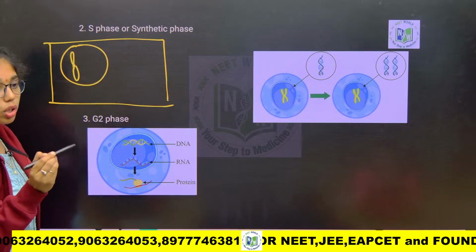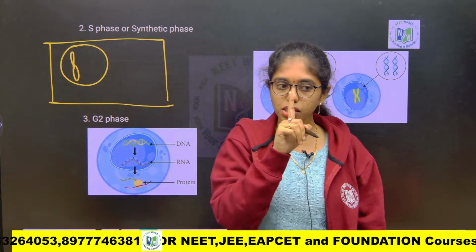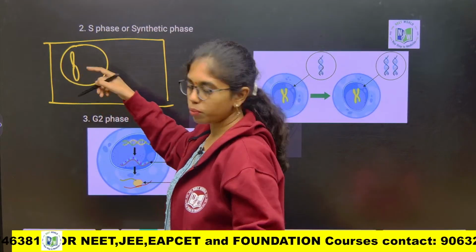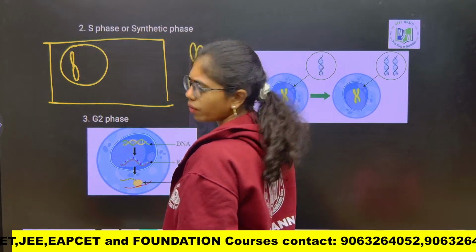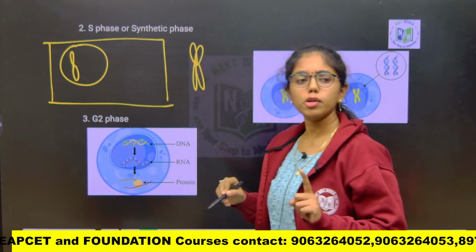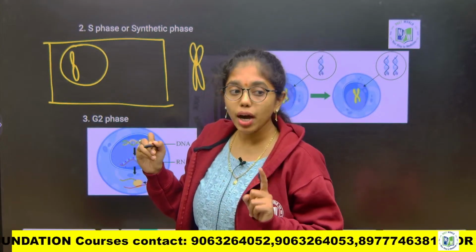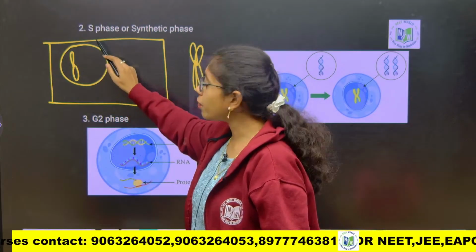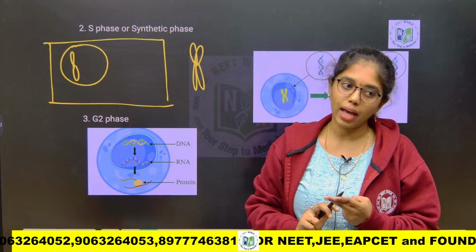I already told you, when we are dealing with the cell, the unit of life, one centromere means one chromosome. Of course, chromosome structure will be clearly visible in metaphase, but for your understanding, to deliver one point clearly: in S phase only DNA duplication happens, but chromosome duplication will not happen.